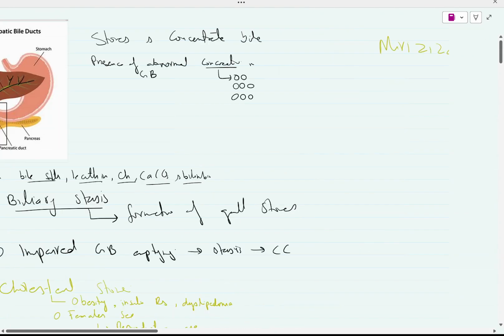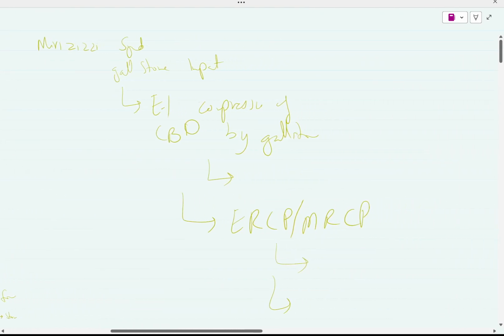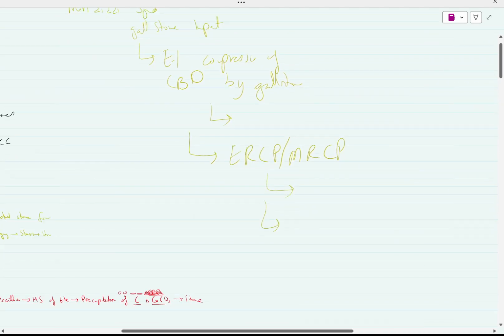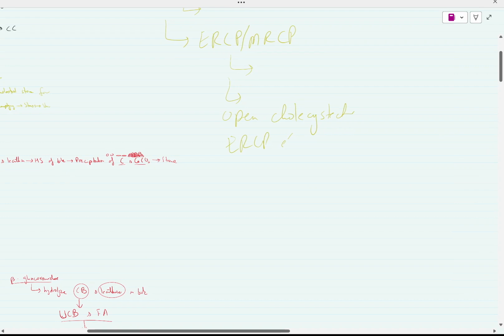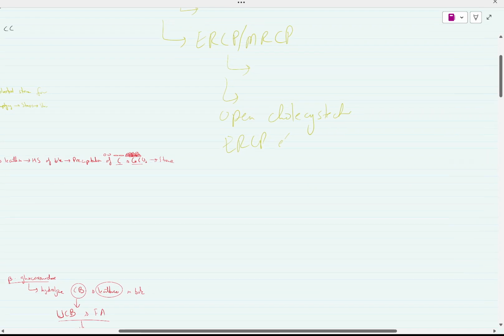So what else can we do if a patient has stones impacted on the infundibulum or CBD? We can perform open cholecystectomy in treatment. ERCP with stenting and open cholecystectomy. So what complications can arise from Mirizzi syndrome?